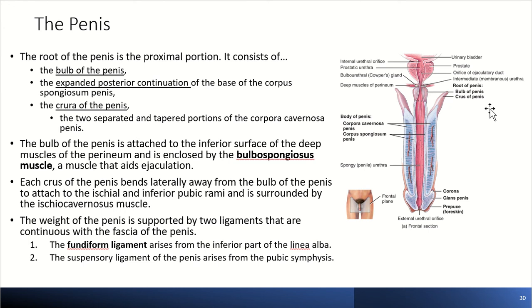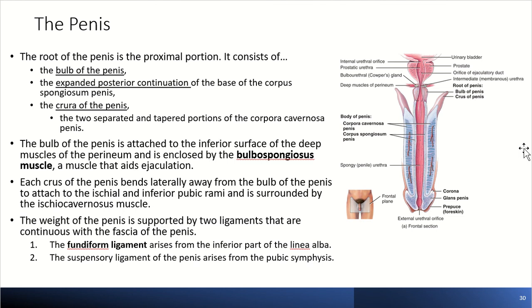Then each crus of the penis is going to bend laterally away from the bulb of the penis, which you can see here. This is going to attach to the ischial and the inferior pubic rami, and is going to be supported by the ischiocavernosus muscle.